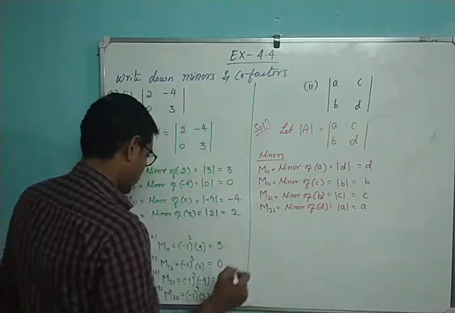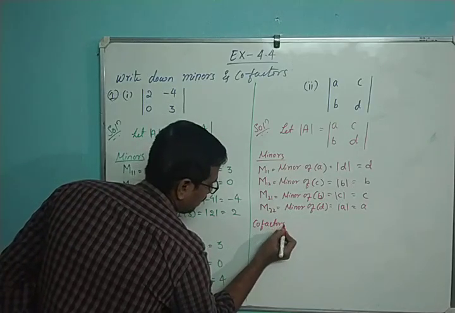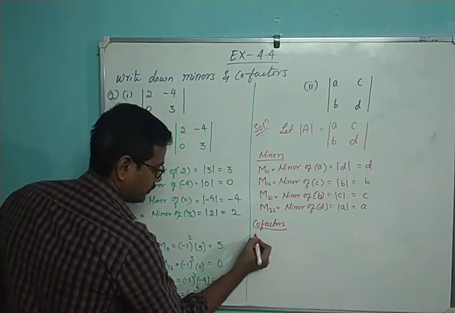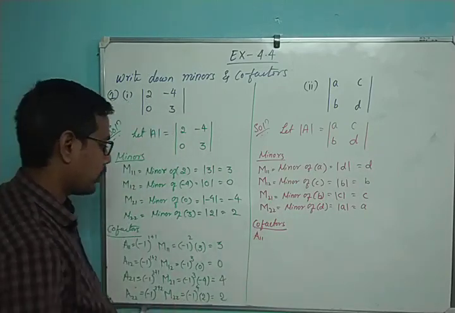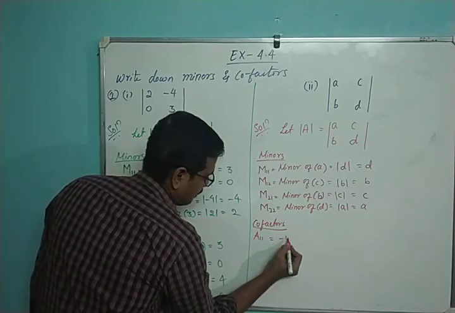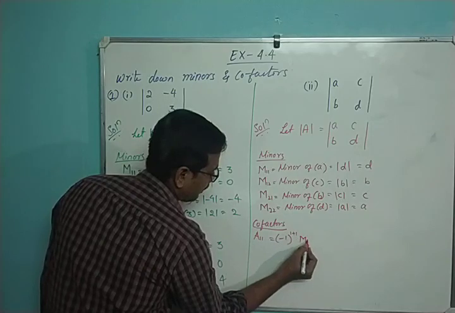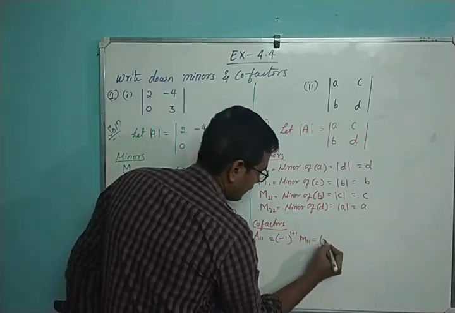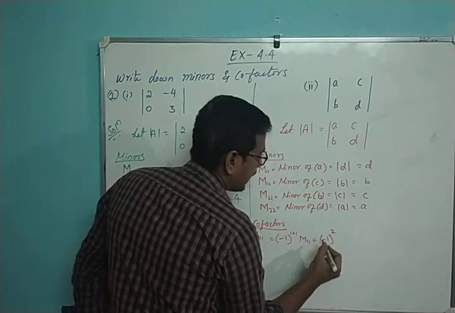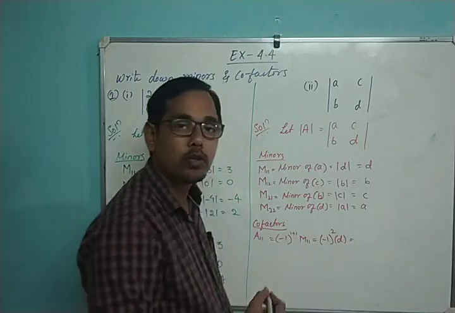Okay. So next, cofactors. So A11, right? So A11 is minus 1 to the power 1 plus 1 into M11. So minus 1 to the power 1 plus 1 is minus 1 to the power 2, and M11 is D. So minus 1 to the power 2 is plus 1.